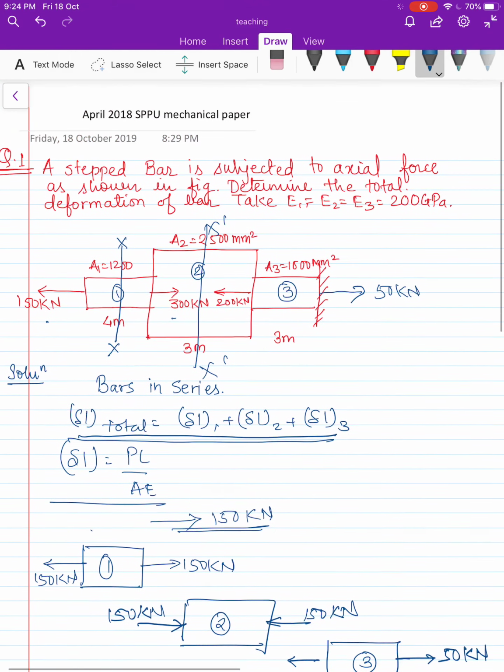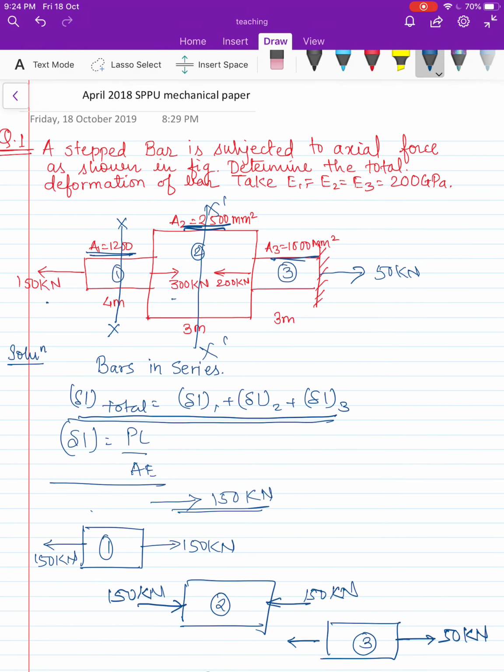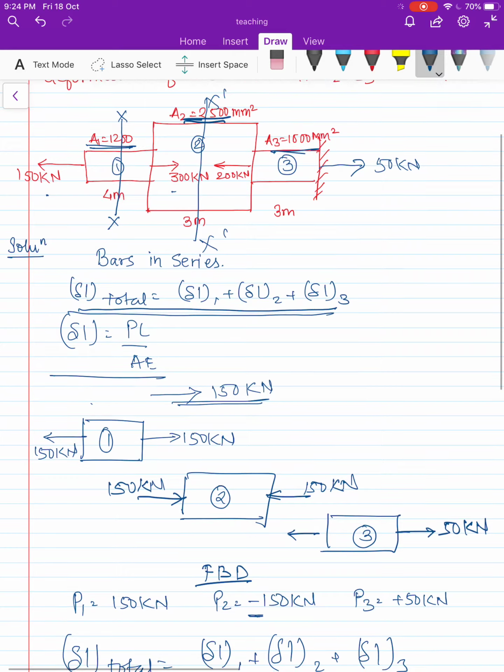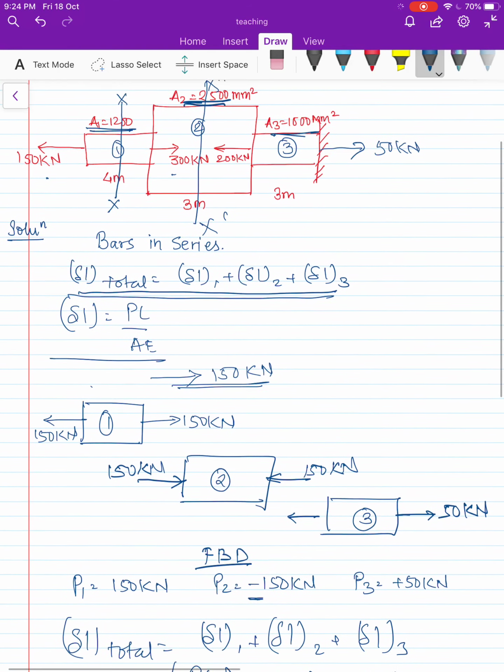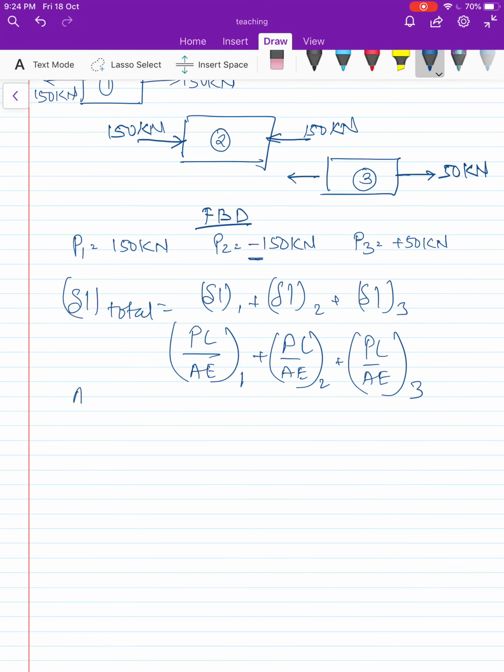So A1, A2, A3 are already given to us. A1 equal to 1200 mm square, A2 is 2500 mm square and A3 is 1000 mm square.